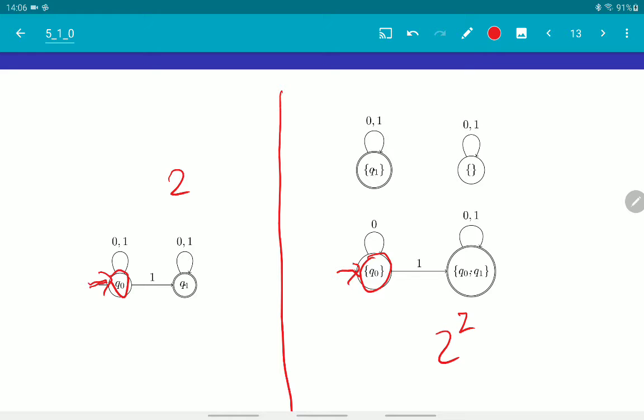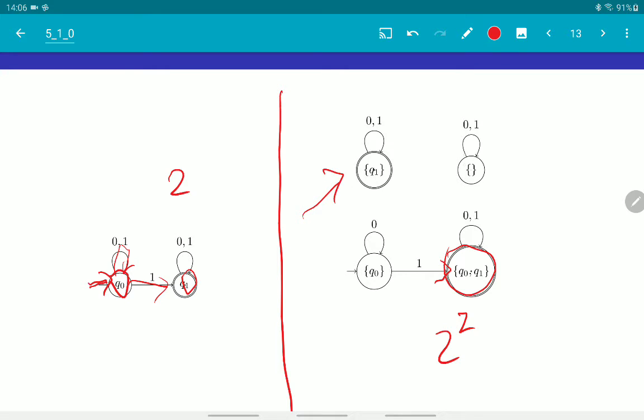That's the only thing we can do, so it's a self loop. On the other hand, on 1 we might stay in Q0 or we might move to Q1, right? So we move here. And similarly, if we're in both Q0 and Q1, since both of them have self-loops, we're going to stay where we are, right?